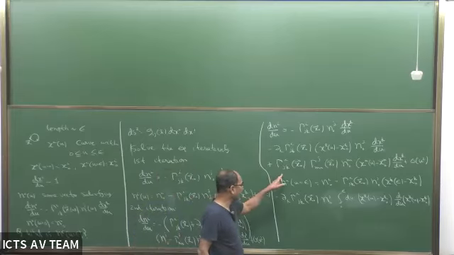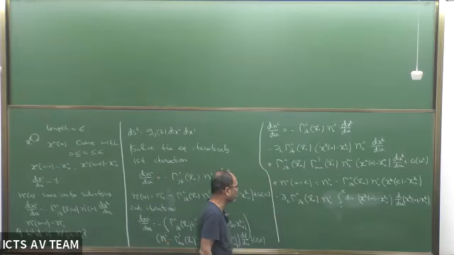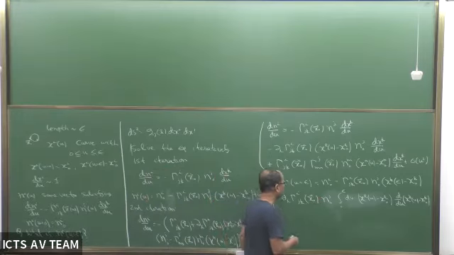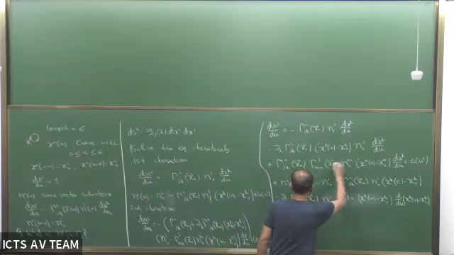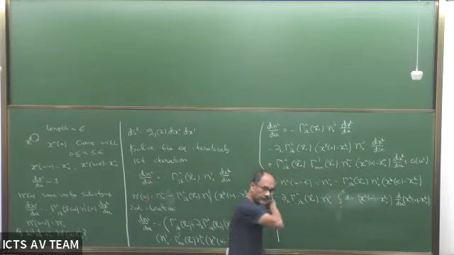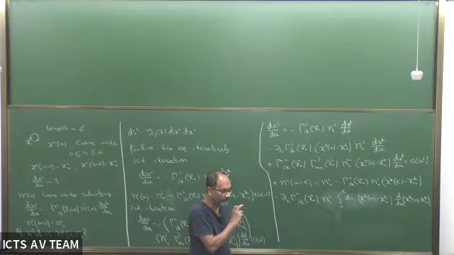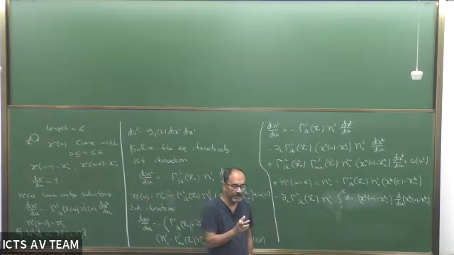Now the third line, we are going to do the same thing on the third line. I'm going to change things a little bit so that the indices match. So m I'm going to change to j. So j and m I'm going to exchange. I'll change m to j and j to m.